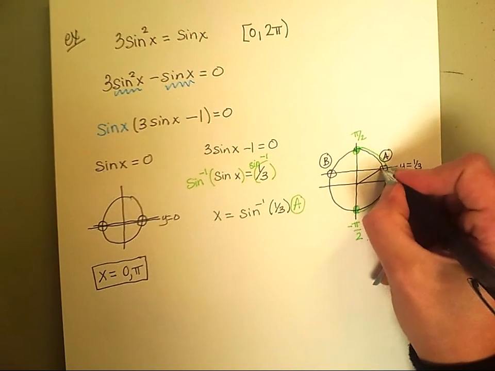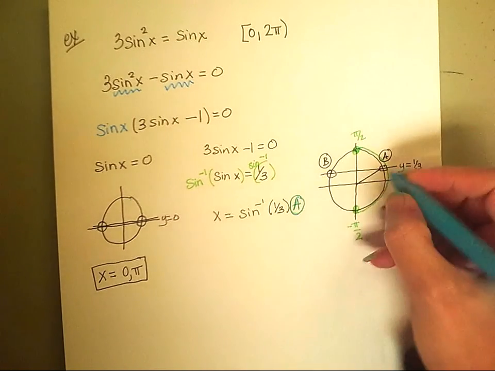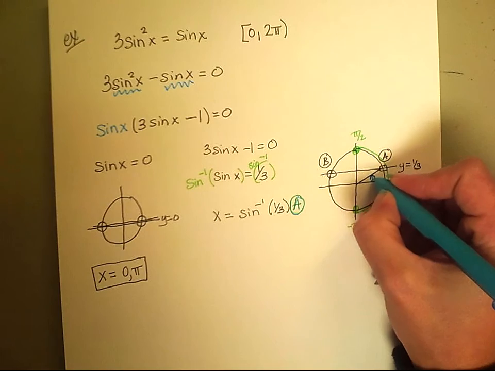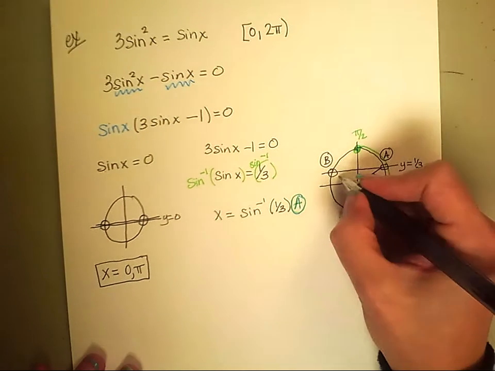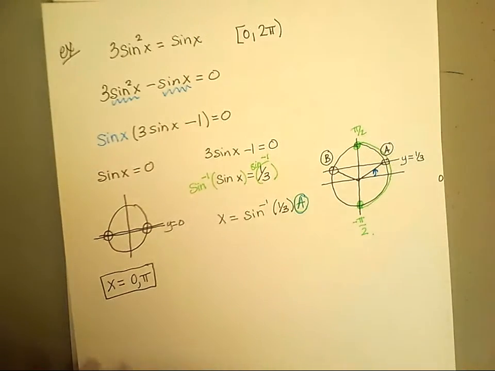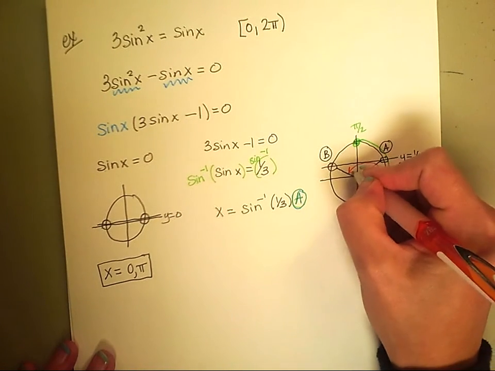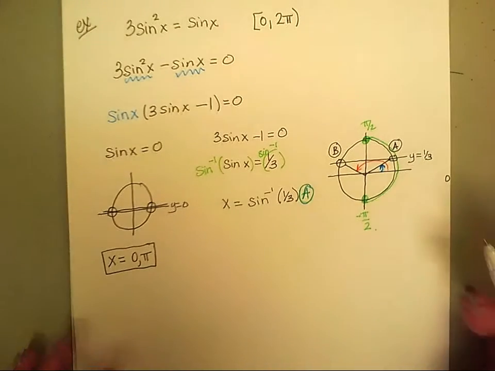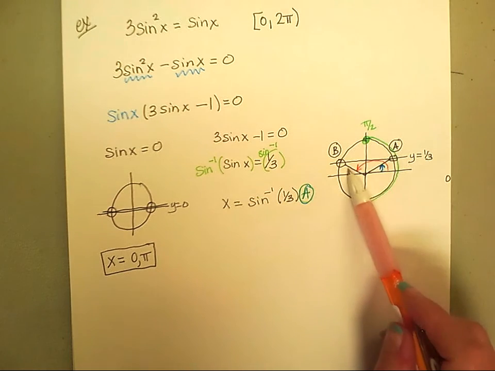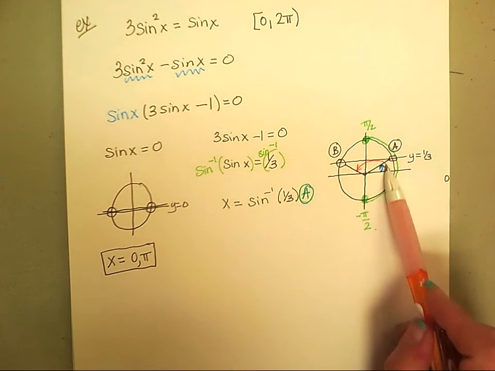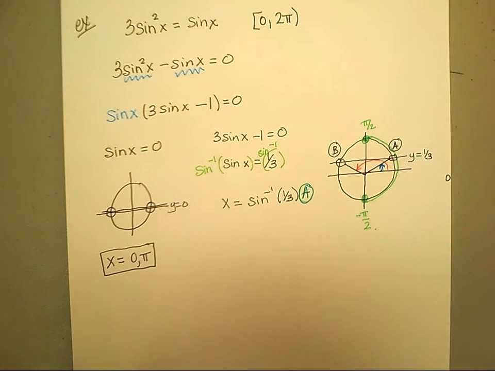And so, maybe I should label this one in blue. Okay, so that represents this angle from here to here. Now we're looking for the second angle B, and that angle represents from here to here. Because we're looking on 0 to 2 pi, we want that positive angle. So again, the question becomes, how am I going to find out specifically what this angle is? And for that, we have to use the symmetry of the circle.